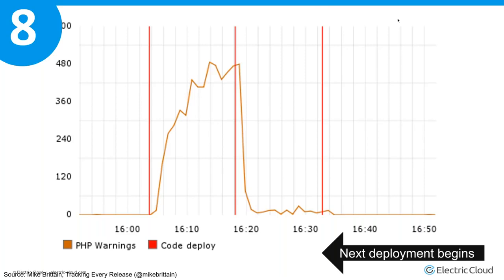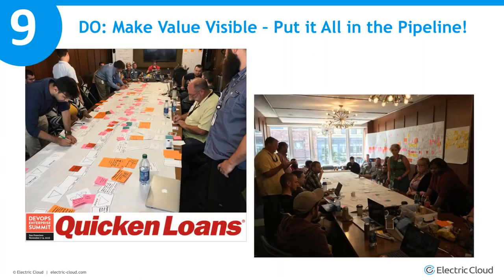Yep, definitely. And number 9, make your value visible, make your work visible, put it all in the pipeline. We've referred to this a little bit. I talked about the notion of executable pipelines, executable value streams, and a couple of pictures here from the Quicken Loans presentation that they did at the DevOps Enterprise Summit 3 years ago, if I'm reading that correctly, just on value stream exercises they did.